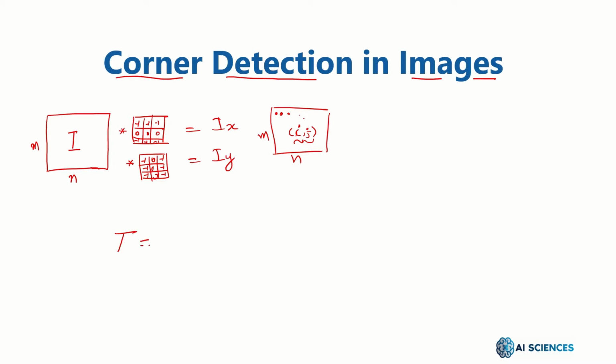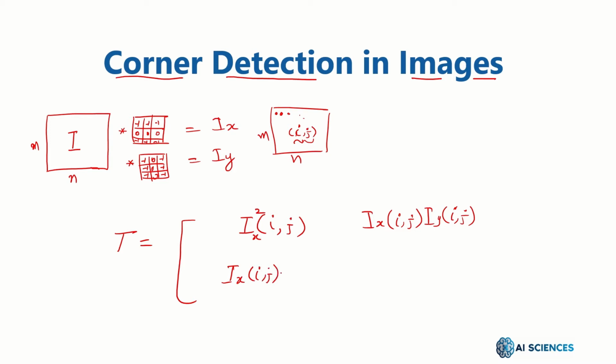Let me call that T. That matrix is basically Ix(i,j) squared, Ix(i,j) times Iy(i,j), then Ix(i,j) times Iy(i,j), and Iy(i,j) squared. That's a 2 by 2 matrix for this particular pixel.